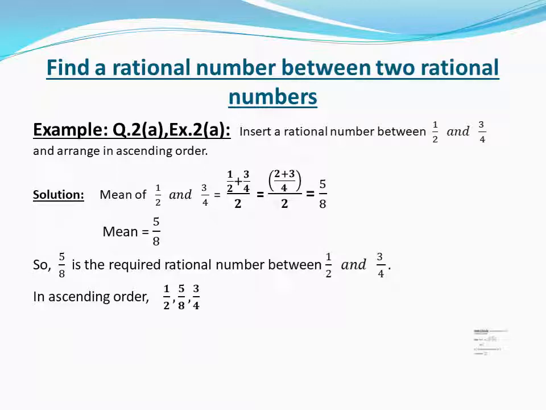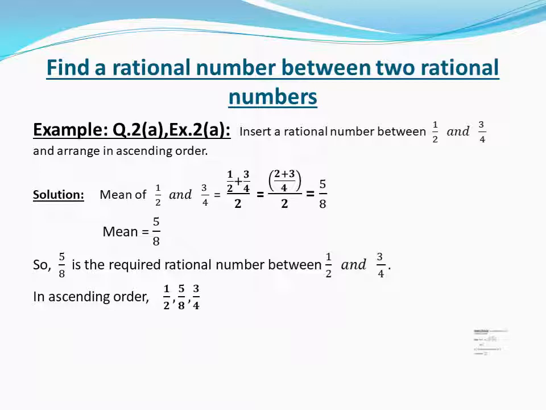As an example, I have solved part A, question number 2 of exercise 2A. Question is, insert a rational number between 1 by 2 and 3 by 4 and arrange in ascending order. So first we take the mean of 1 by 2 and 3 by 4, that is 1 by 2 plus 3 by 4 whole divided by 2.